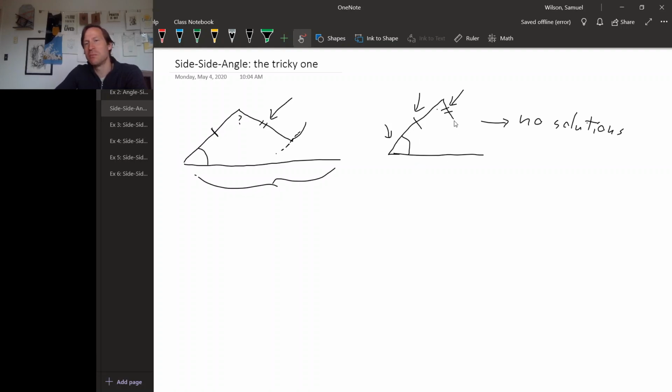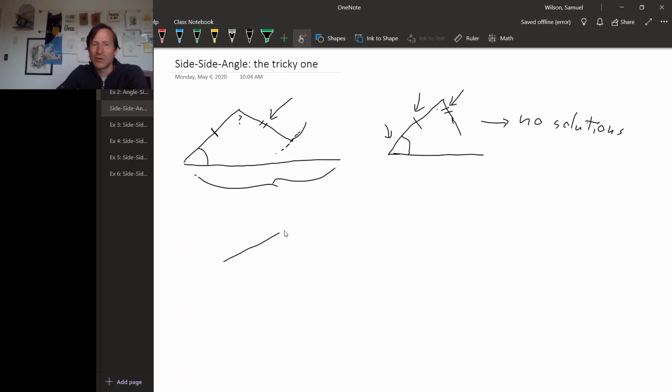Okay, what happens if we make this right-hand side a little bit longer? If the fixed measurement for this right-hand side is longer than the one I've drawn here, you can see that until it gets long enough, there aren't any triangles.